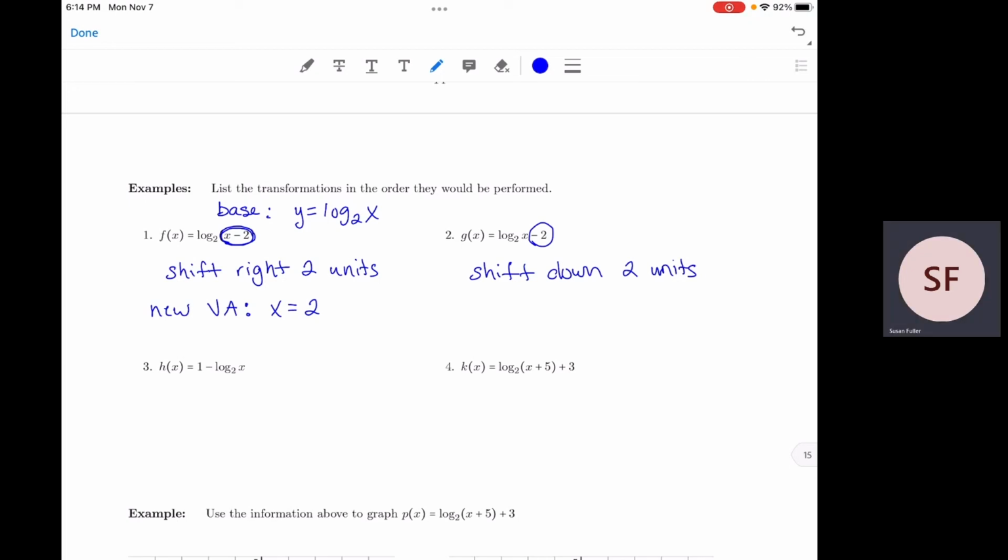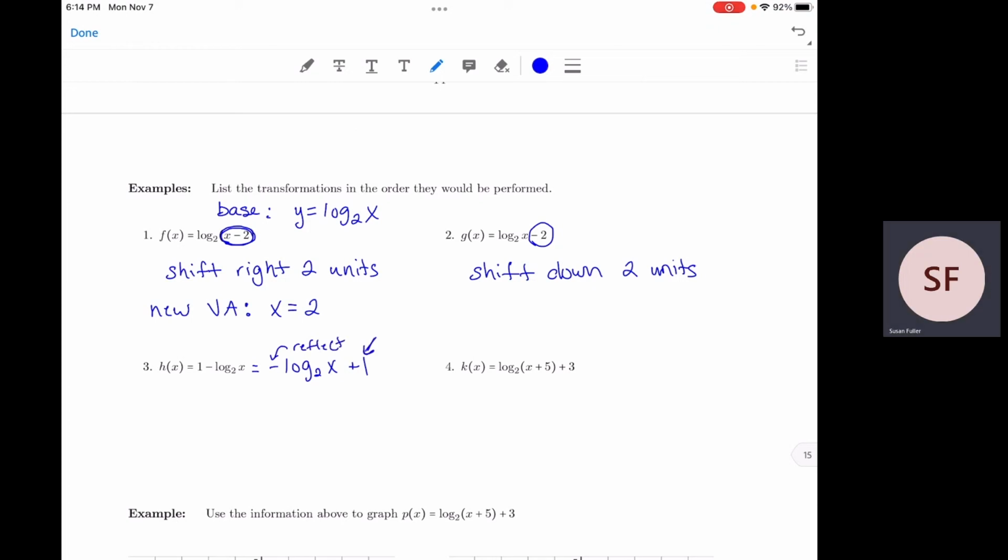All right, number 3 here. This looks a little different than the way that we've been organizing these before. So to make this make a little more sense with my brain, I'm going to reorganize this a little bit. And this is going to be negative log base 2 of x plus 1. That makes it a little bit easier to see exactly what's happening here. This negative in front of the logarithm, that's going to give us a reflection across the x-axis.